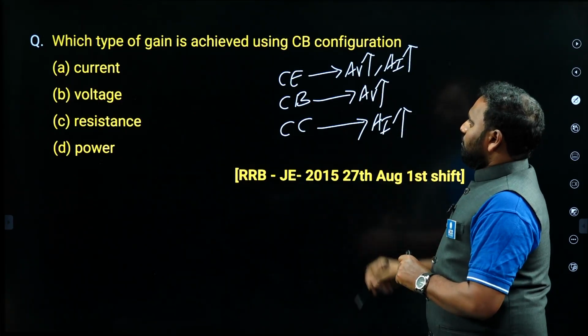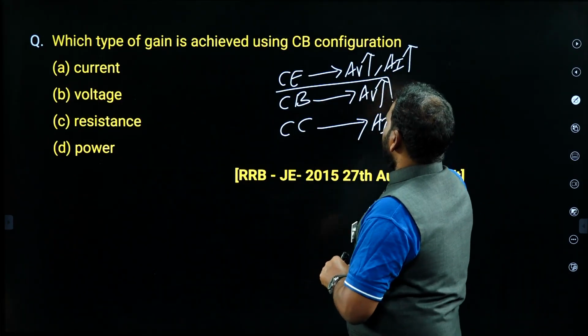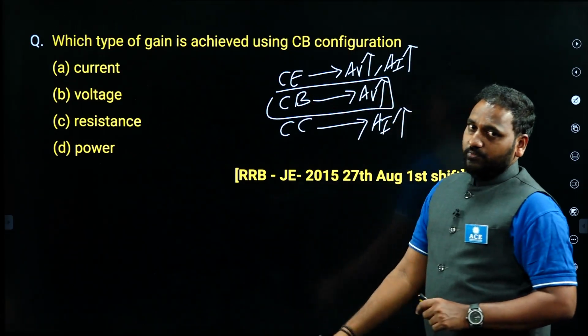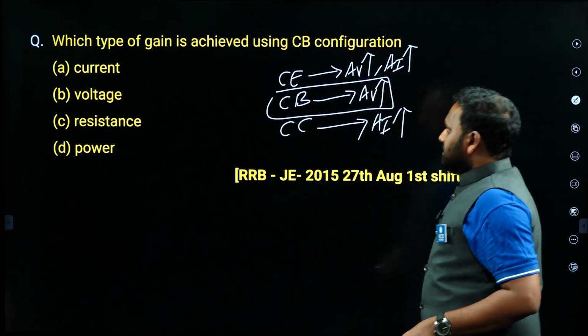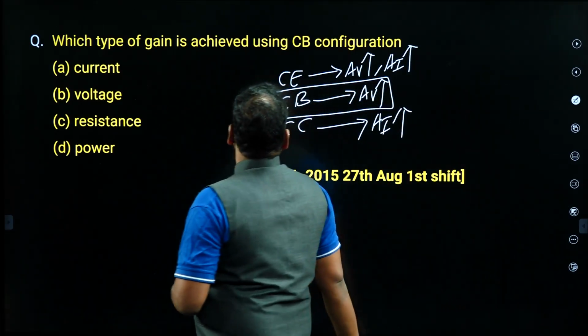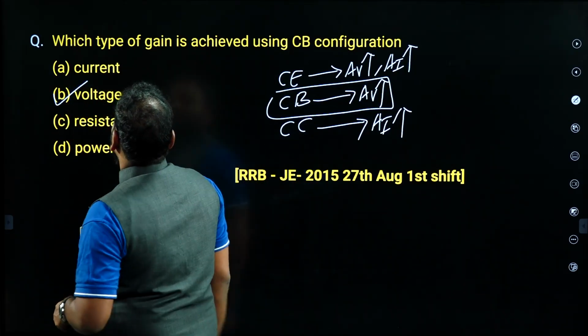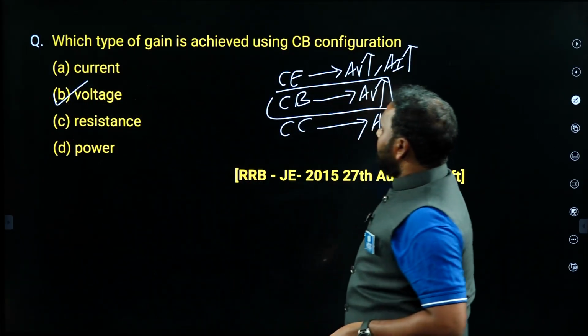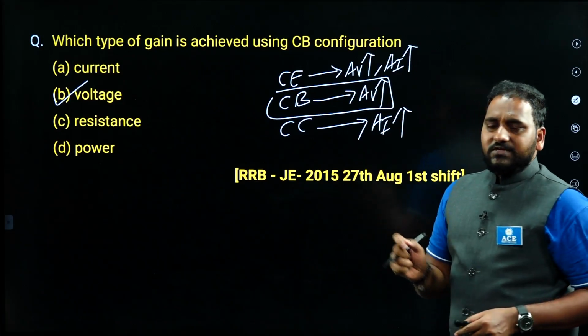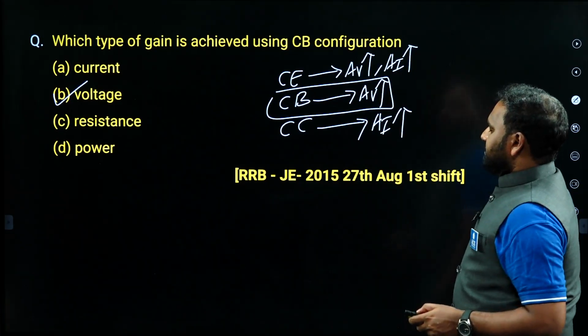So for common base, I have given three objective bits. And for this question, what is the answer? Common base gives voltage gain. Okay, common base means voltage gain. Very simple, straightforward questions.